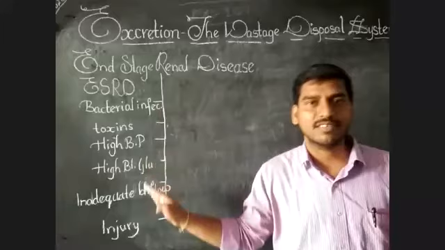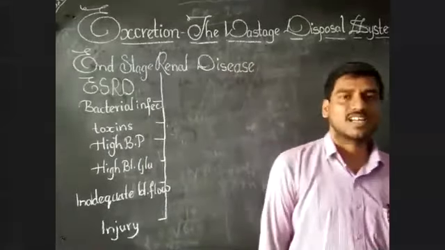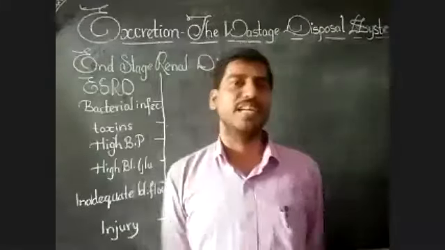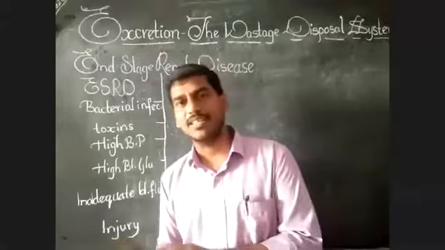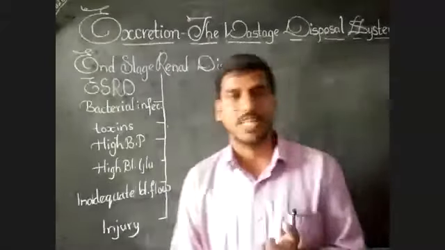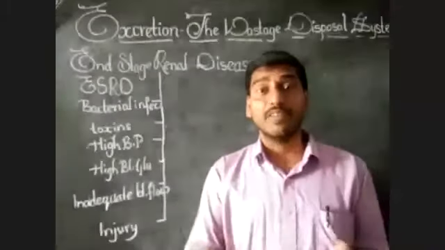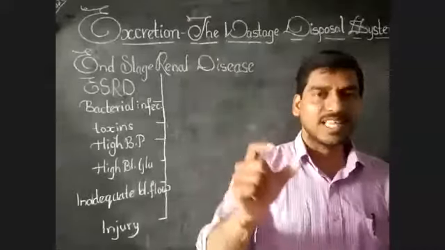Clear? That means end stage renal disease is where both kidneys are damaged. When both kidneys are damaged, the complete osmoregulatory function is disturbed. Even due to the high concentration of nitrogenous waste material, the cell is going to shrink.